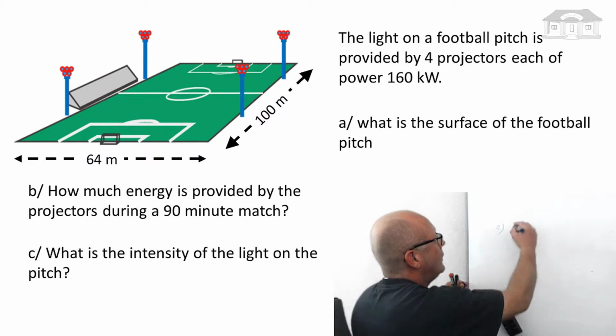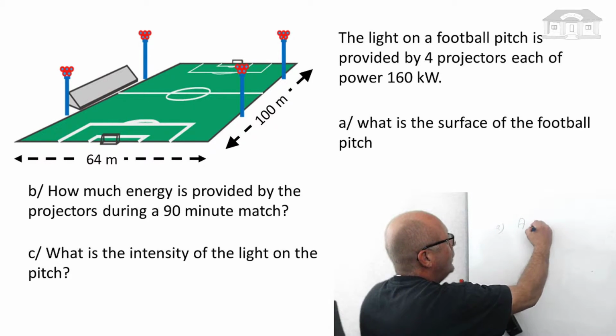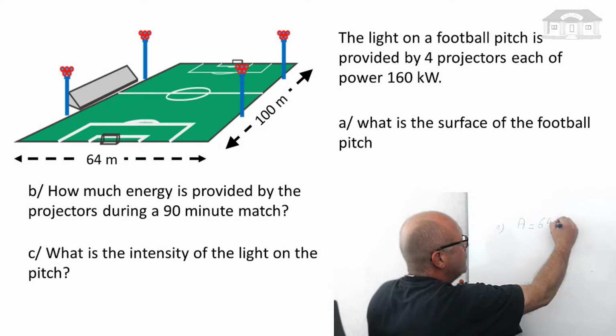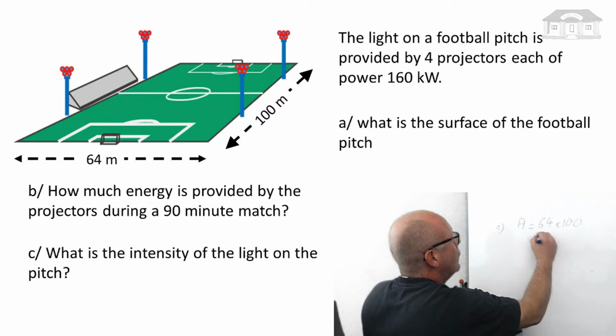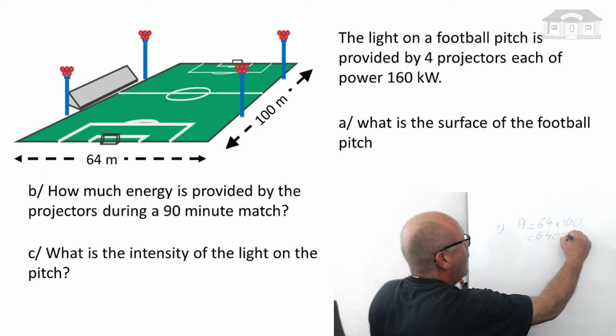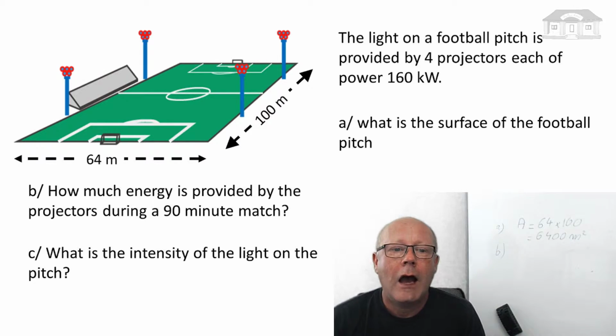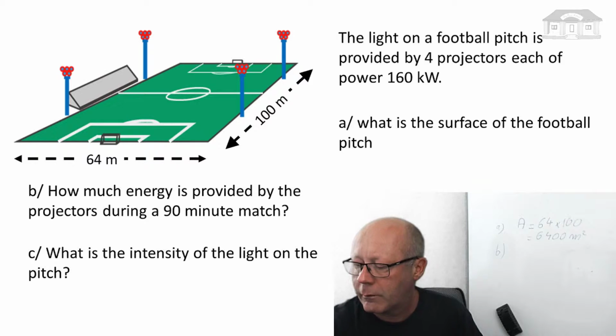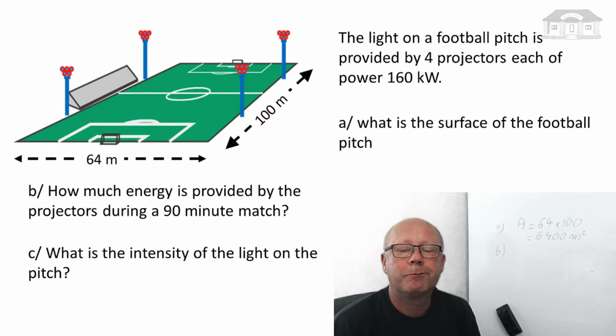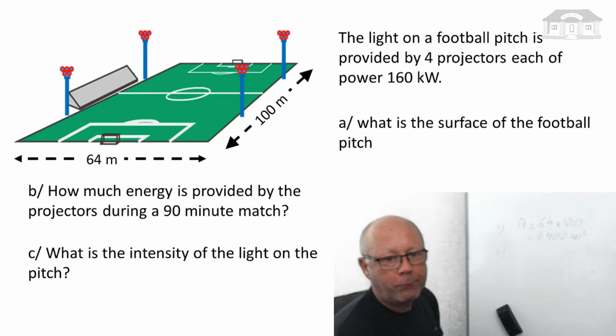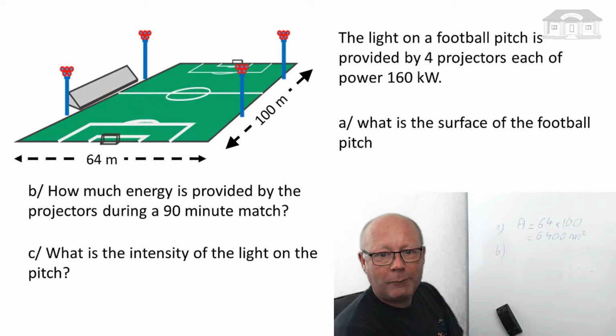We found the area very easily last time: 64 by 100, so 6,400 meters squared. How much energy is provided by the projectors during a 90-minute match? So try to do this. Pause the video.